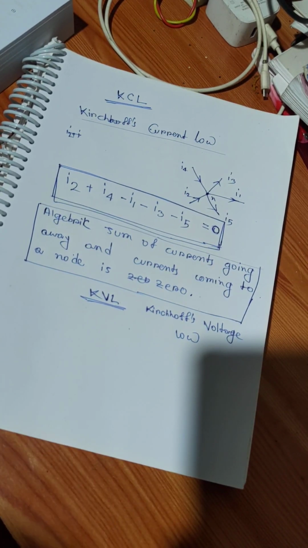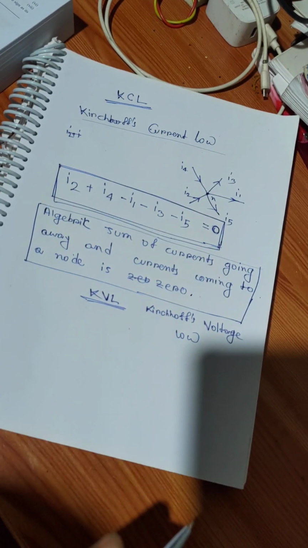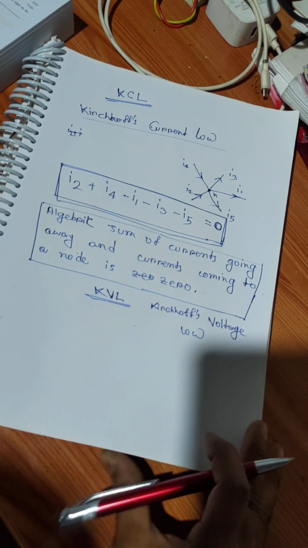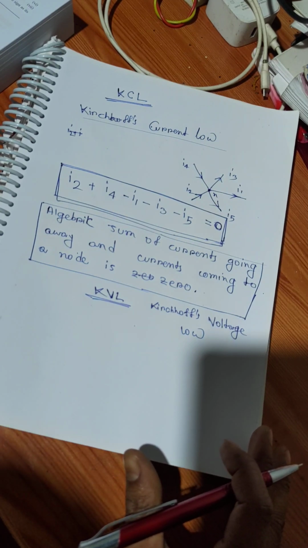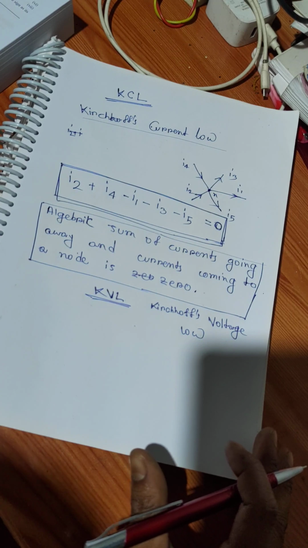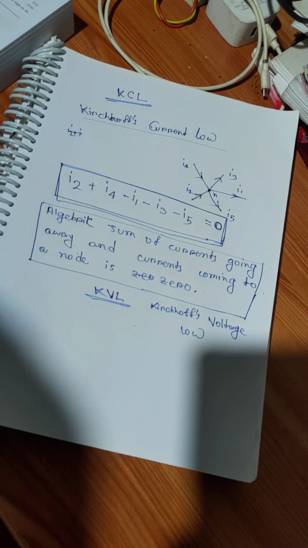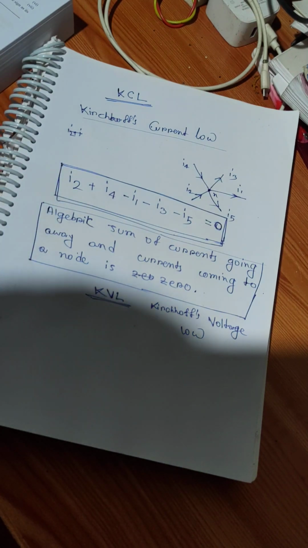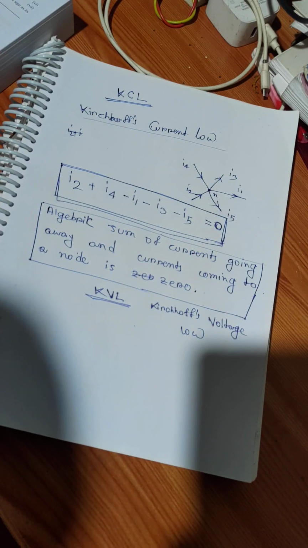So Kirchhoff's voltage law tells us that the algebraic sum of voltage drop or rise in a closed path or in a mesh in a specific direction is 0.